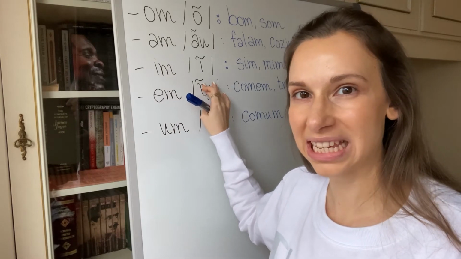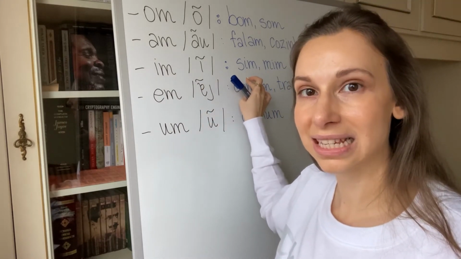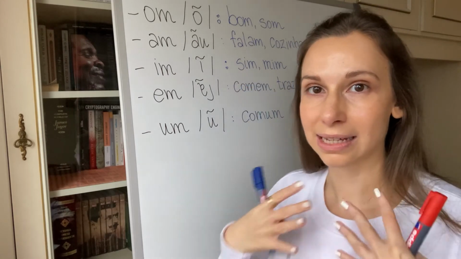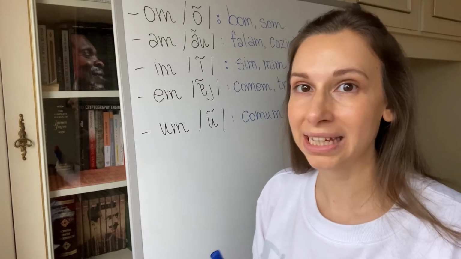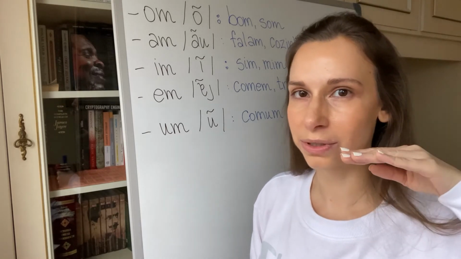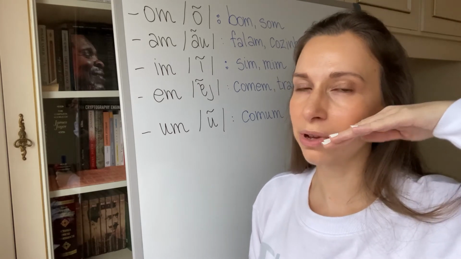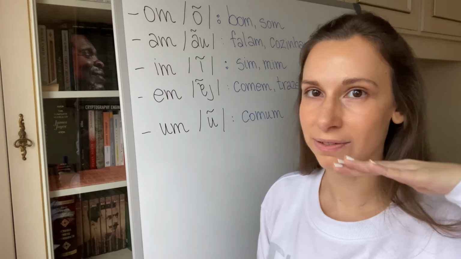The sound is in. When we say yes, sim, or me, sim, me. Again, the back of your tongue goes up and down. It goes up and relaxes. Sim, me, ok?